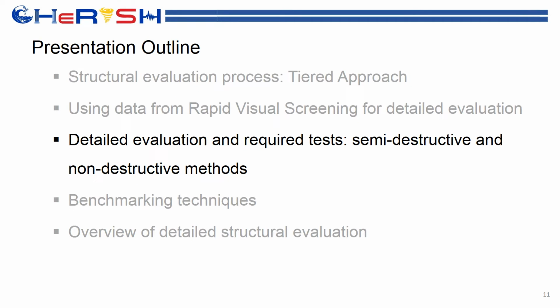Now, once this information from the RBS is obtained, as I mentioned, it would allow us to identify the necessary tests in order to do a detailed assessment. So I would like to use the analogy of a medical doctor, right?